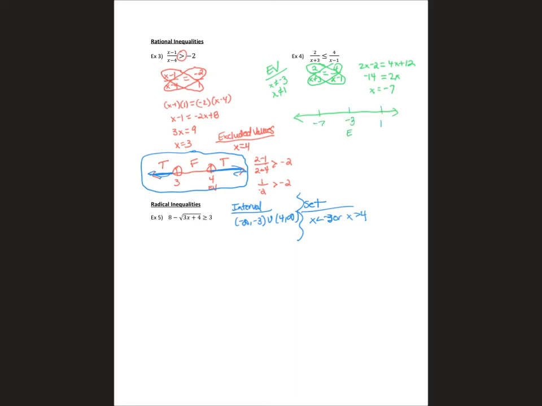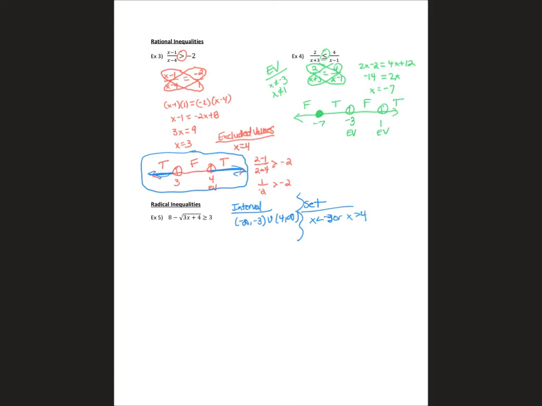You can even write excluded value for these two to remind yourself that these are always going to be open. And for negative 7, that was a solution, and the inequality is included. So now I got to test points to figure out if it's true or false. And we would get, let's see here, false, true, false, true.